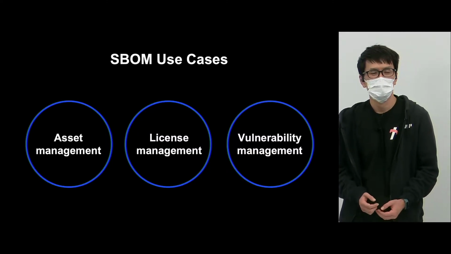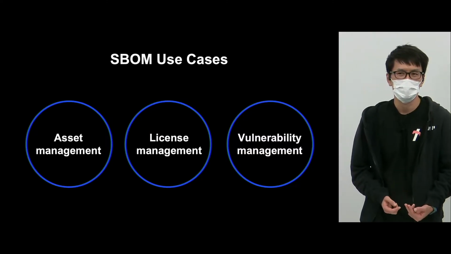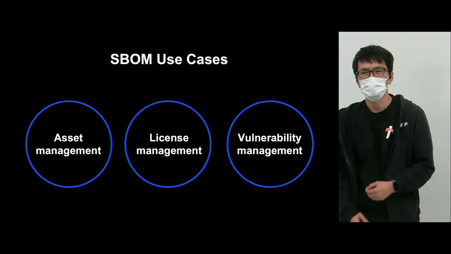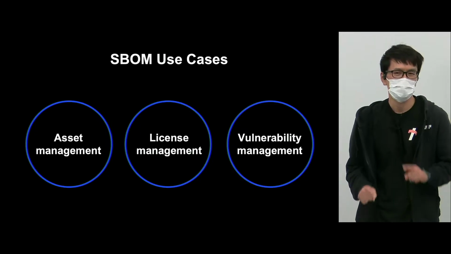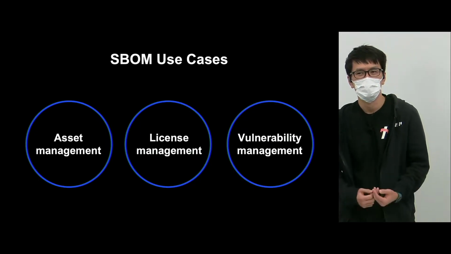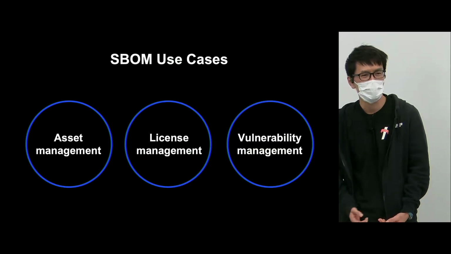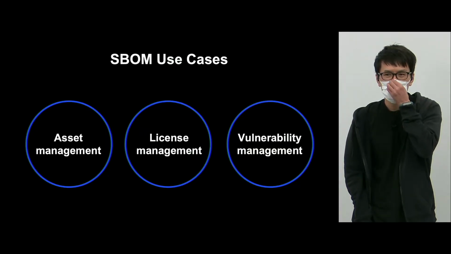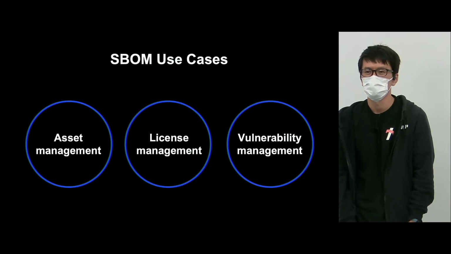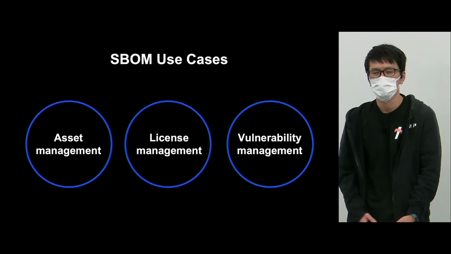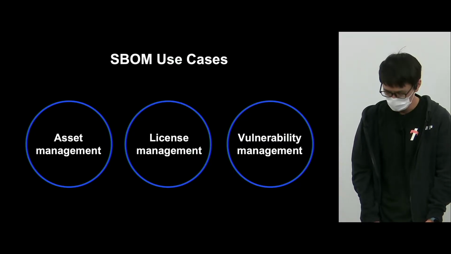If you know a list of vulnerable components and you have a list of components you are using, the intersection of the two lists will be a list of vulnerable components you have. You should take care of it. This one is the most interesting subject for us, so we will explain how to use SBOM for vulnerability detection.